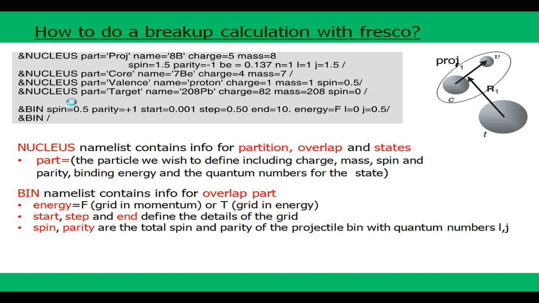Okay, so any questions about the partition nucleus? The nameless nucleus? We'll go to the bin name list next. Is it sort of clear? So in the bin name list, what you have to do in addition, you already know how the cluster looks like in terms of masses and charges. What you need to do is now define how you're going to break up the continuum to include it in this coupled channel formalism.